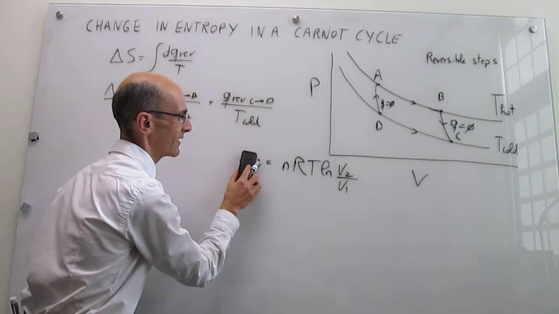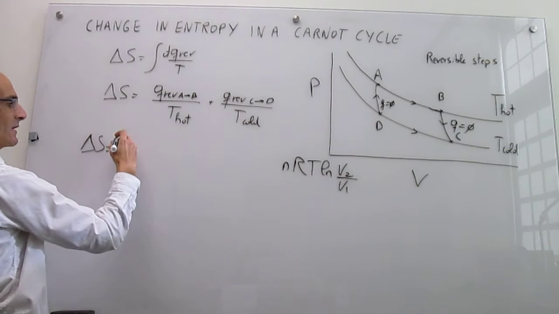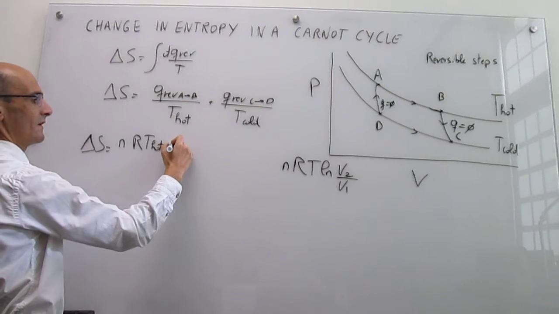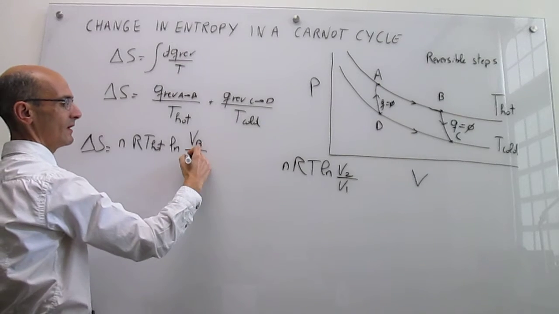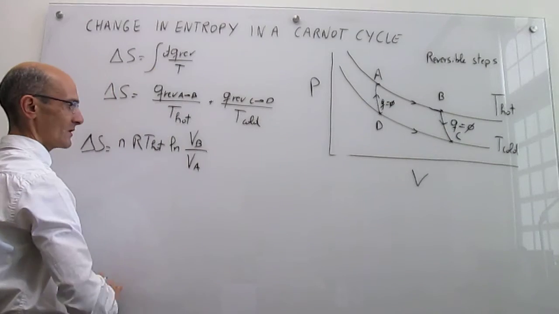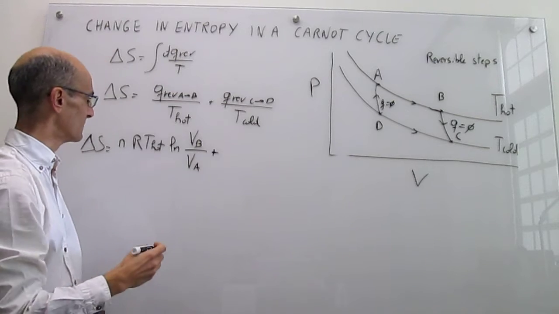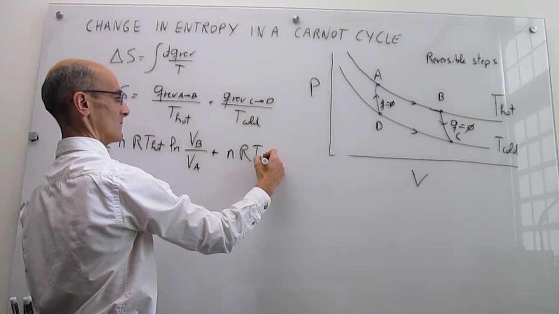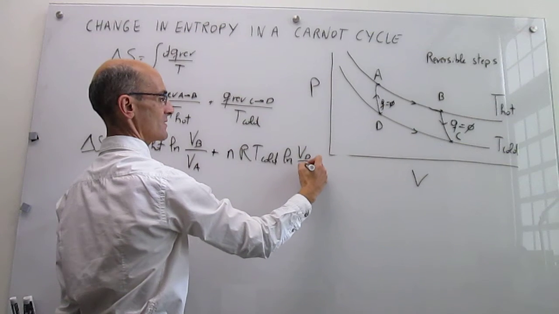All right, so let's then actually plug that into the expression here. We have then that delta S is going to be the reversible heat, so number of moles, R, T hot for A to B, and then the natural log of the final volume over the initial volume, so the volume at point B and the volume of the gas at point A. And then we have a related expression for the isothermal reversible compression going from C to D. So that is going to be n, R, T, in this case cold, and then the natural log of the final volume, VD, over the initial volume, VC.